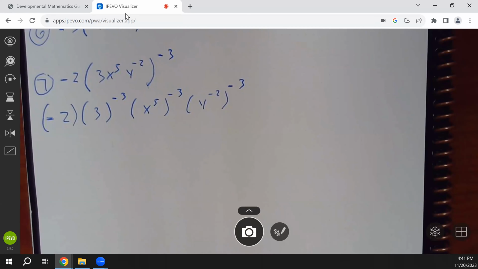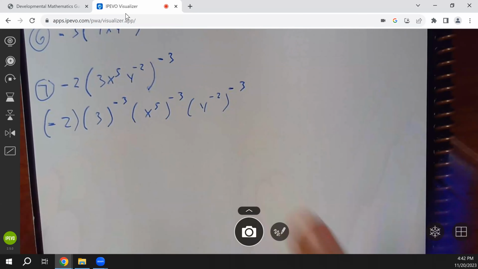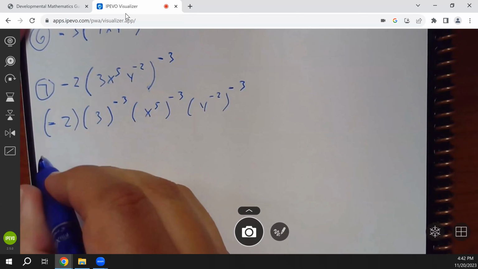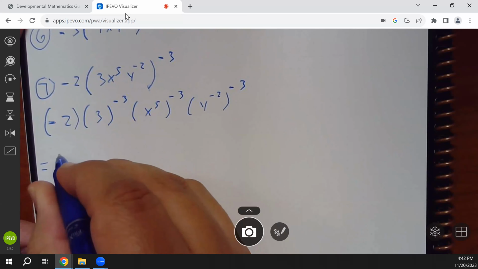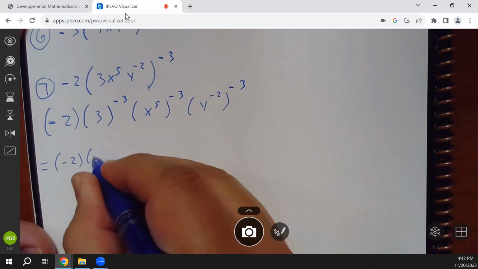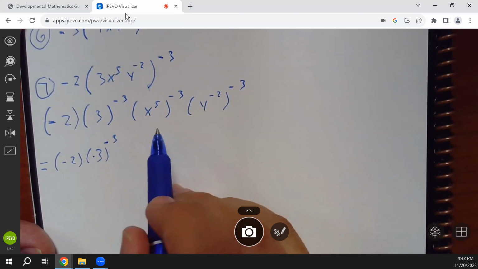That's rule 1 or 2, I forget. Now that you're here, deal with the powers. Worry about the numbers in a second.